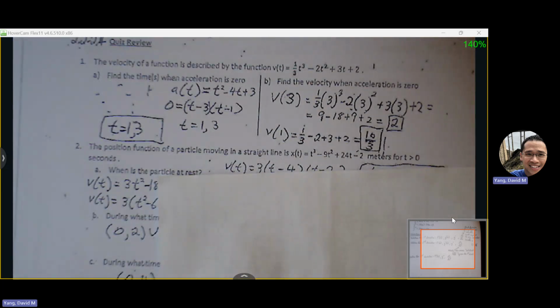So 3 in for all the t values. 1/3 times 3 cubed minus 2 times 3 squared plus 3 times 3 plus 2 ends up giving me 9 minus 18 plus 9 plus 2, which is 2.